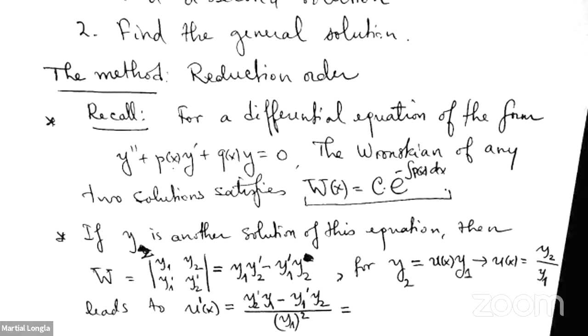And guess what? Check, what is this on top here? That is exactly this thing, which is w. So that is w over y1 squared.